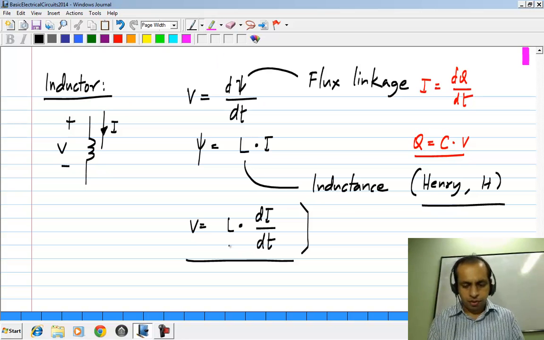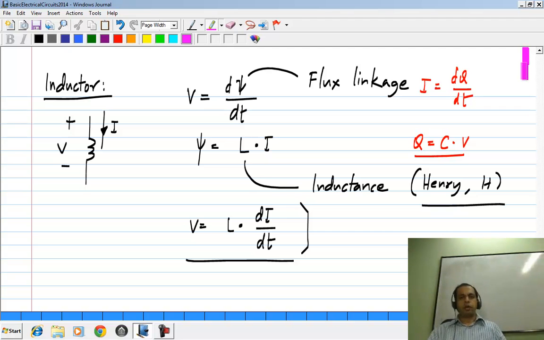The inductance, as I mentioned earlier, is measured in henries. So what does this relationship say? If the current is increasing at the rate of 1 ampere per second and if the inductance is 1 henry, the voltage across the inductor will be a constant which is equal to 1 volt.